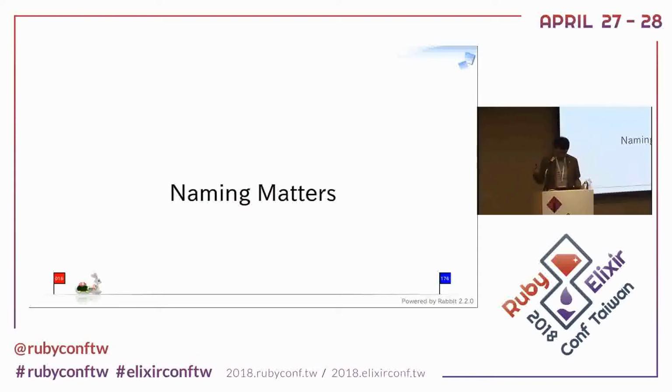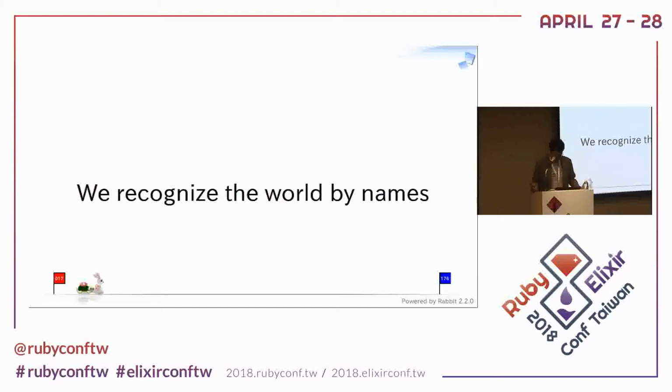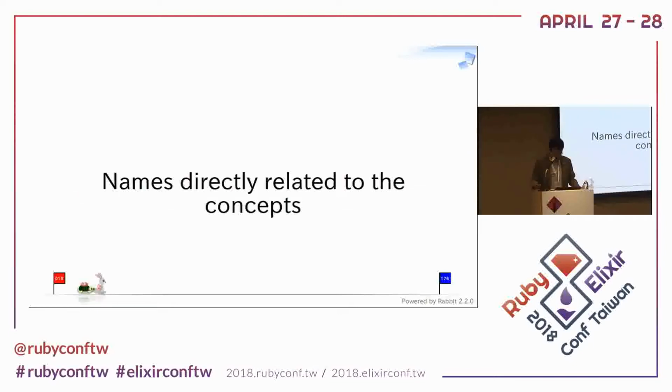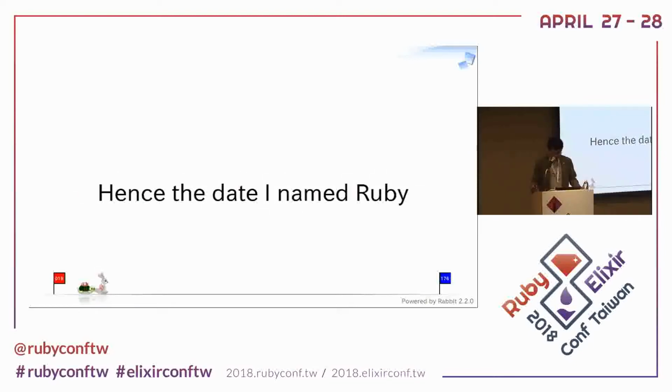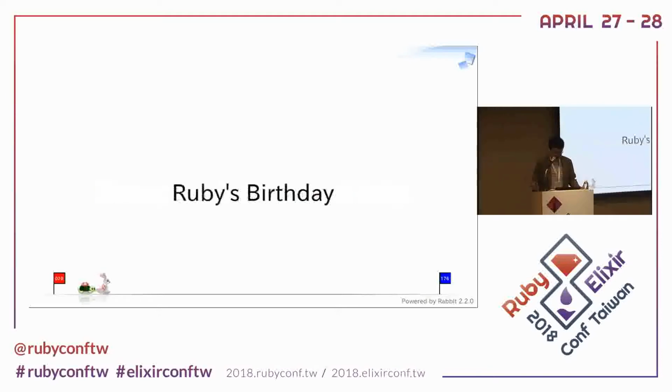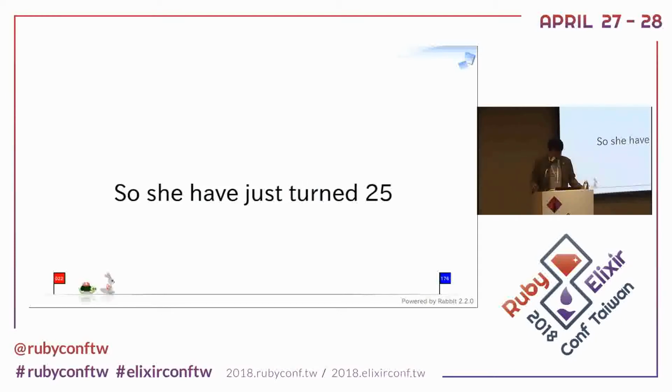So the date I named Ruby is the date Ruby was born. We recognize a word by its name, so the name is directly related to the concept. Hence the date I named Ruby was Ruby's birthday. It was February 24th, 1993. So she has just turned 25.